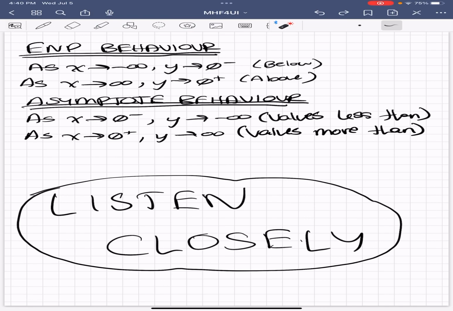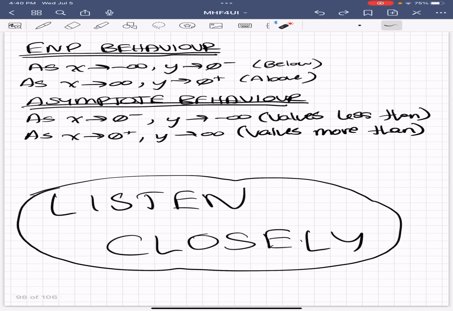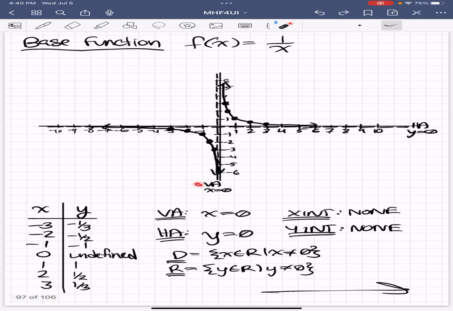As x approaches 0 from before the VA, values less than the VA, y approaches negative infinity. So as we approach the VA, y continues to negative infinity.